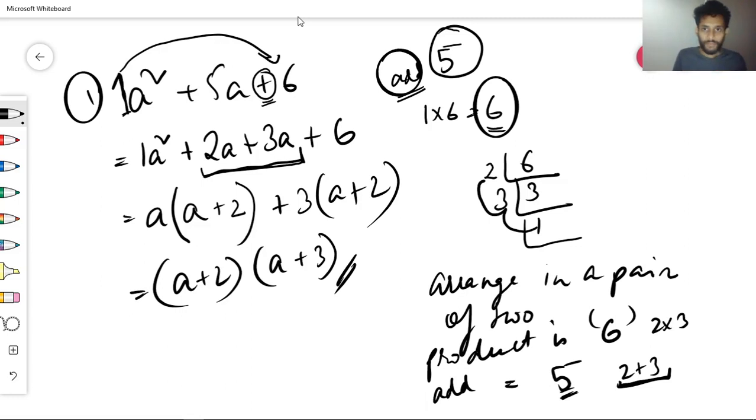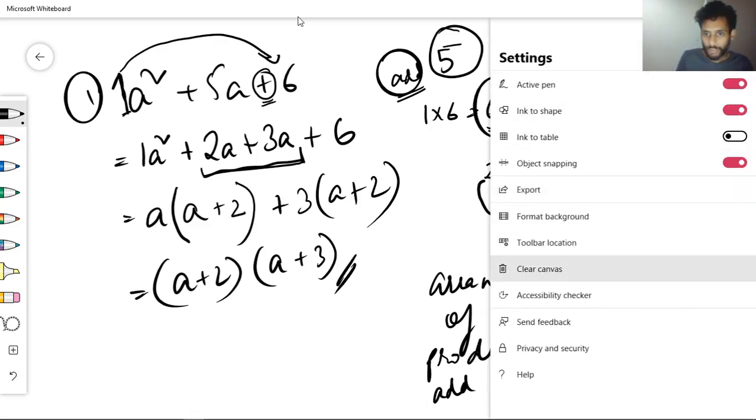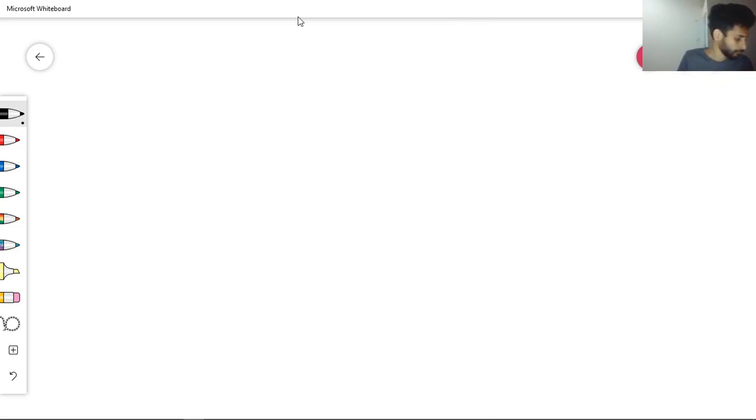Okay, now the next one, question number 2, is of the same format. First of all, let me show you. The first one is of the first format, and we have already done it.